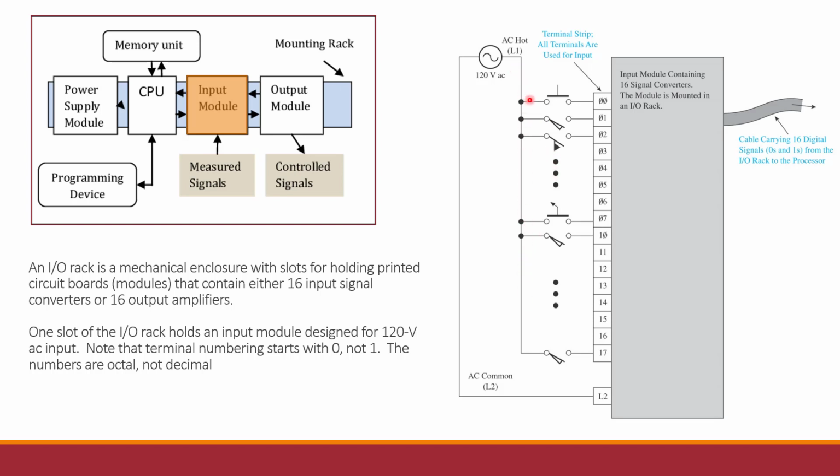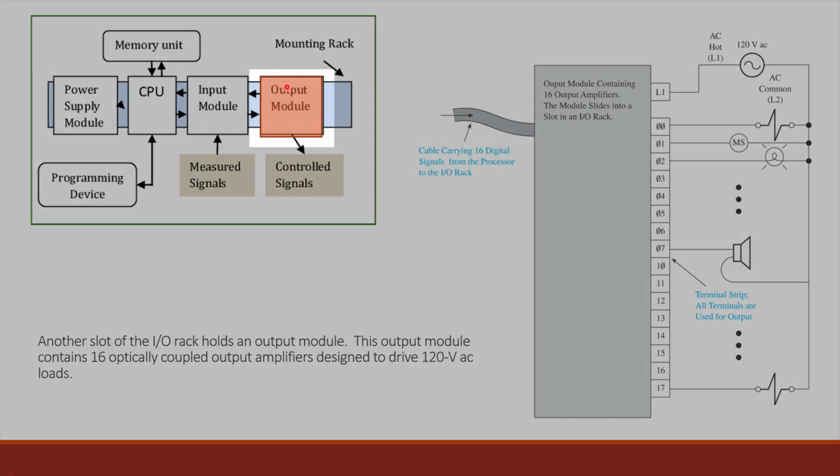And whenever any of these close, that's putting the 120 volts on the input. Now, we said we have to have some sort of converter that takes this 120 volts and drops it down to 5 volts that the computer can carry. So that's what's happening in the input module. Okay, my output module here.